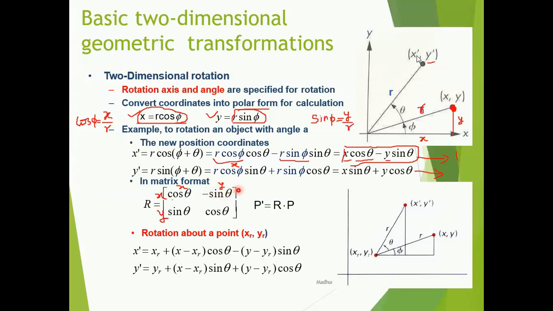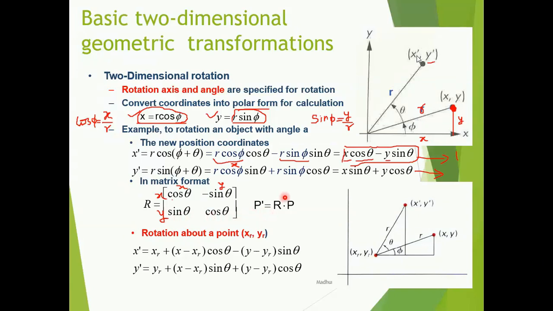In the second row, for the y dash equation, we consider x sine theta plus y cos theta. So the coefficients you have here are sine theta and cos theta, that's why we write sine theta and cos theta.